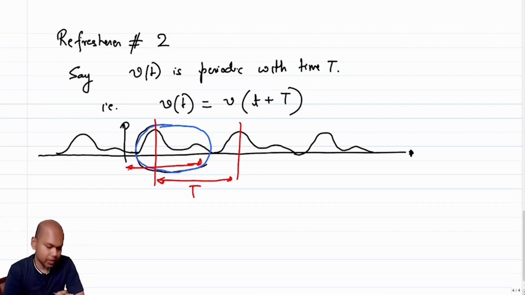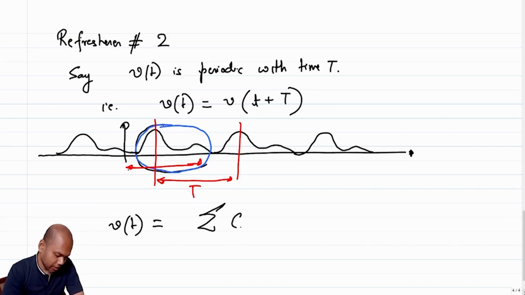So if this condition is satisfied, then we know that V(t) can be expressed as a sum of complex exponentials, that is Cn e to the power j 2 pi by T, where T is the repetition interval, times n times t, and n is minus infinity to infinity.